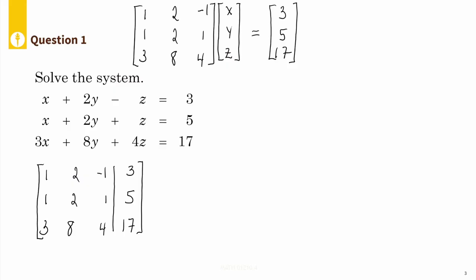We're going to start using row operations. Our first goal, I'm going to use Gaussian elimination, so I'm just going to get into REF form first.